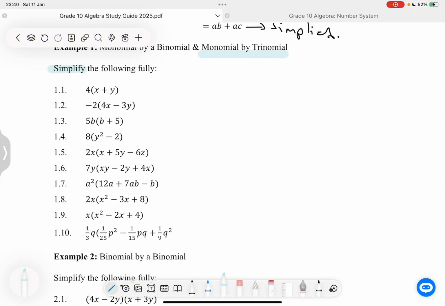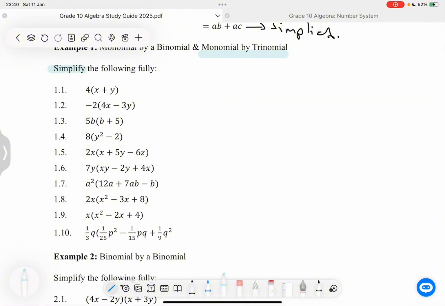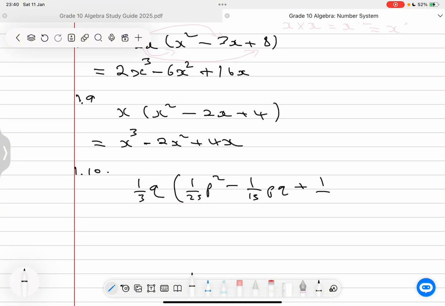Okay, we have a p squared here. Negative 1 over 15 pq, and we have plus 1 over 9 q squared, and close bracket.